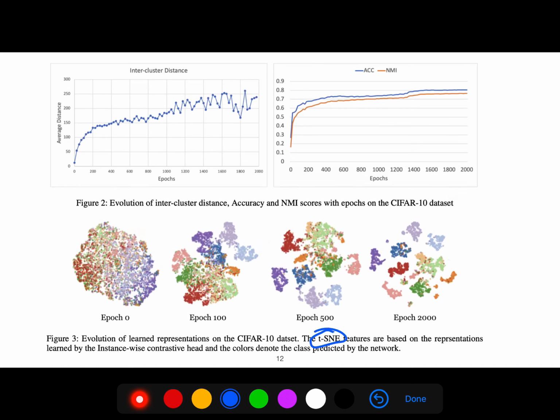We usually use the t-SNE algorithm for visualization. You can see that as the number of epochs goes higher and higher, you see the convergence and also the evolution of the intercluster distance.